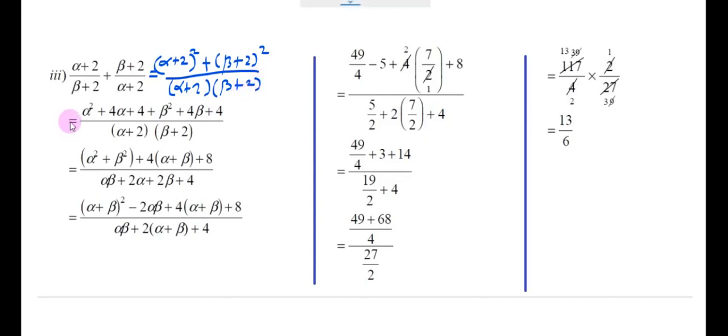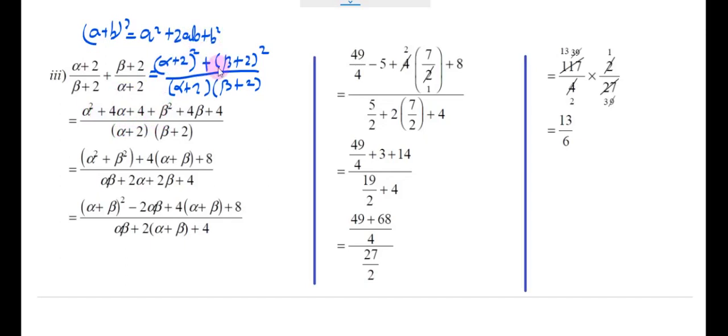Okay, now let us apply the a plus b the whole square form. What is a plus b the whole square? A plus b the whole square equal to a square plus 2ab plus b square. Okay, so a is equal to alpha and b equal to 2, so a square, so alpha square, plus 2ab, so plus 4 alpha, plus b square, so plus 4.